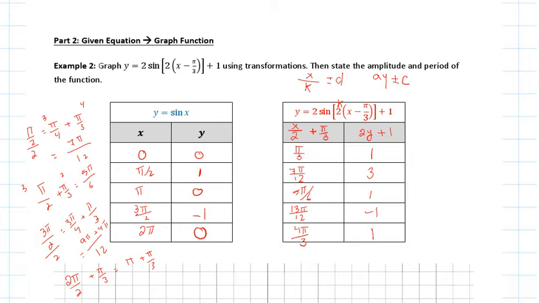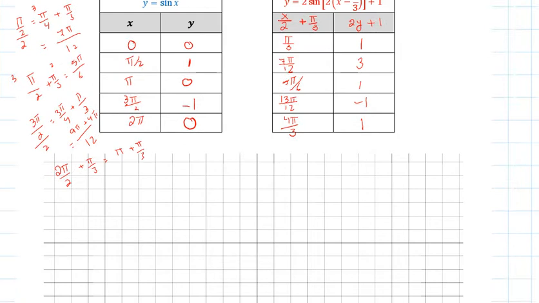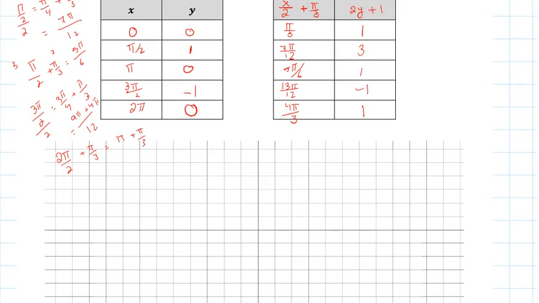Personally, I usually take the one with the biggest denominator and make it my scale. So that means this is going to be over 12, so I'm going to go by pi over 12.